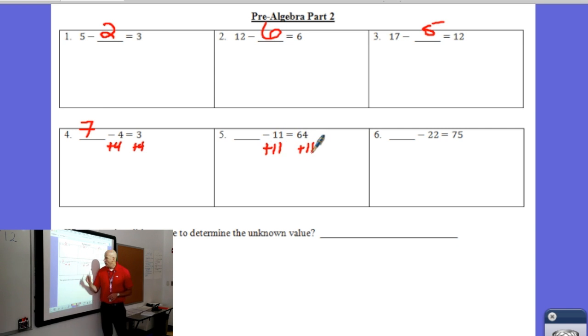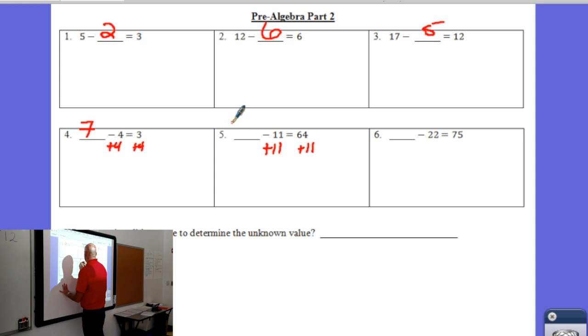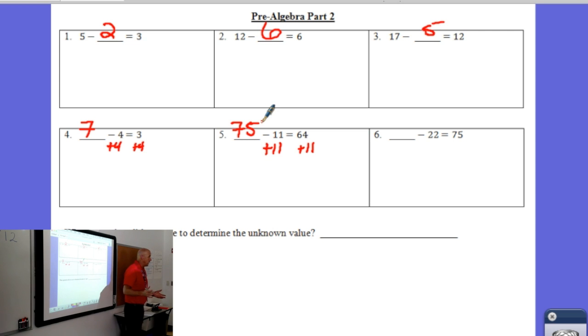Now, this cancels. We have 0. 64 plus 11 is? 75. Good. See, it's very similar to what we were doing yesterday. The only difference is yesterday we were subtracting, today we're adding. And it all depends on the sign of this number right here.